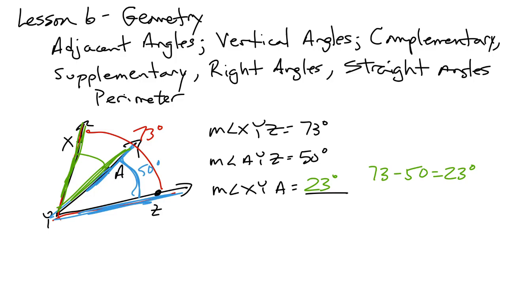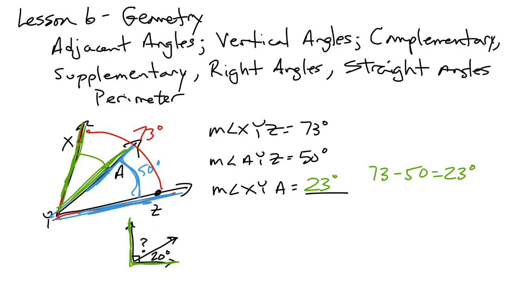So let's say you had also this angle. And this picture was drawn. Well, the big angle is 90 degrees. And the way I know that is this little square in the corner.